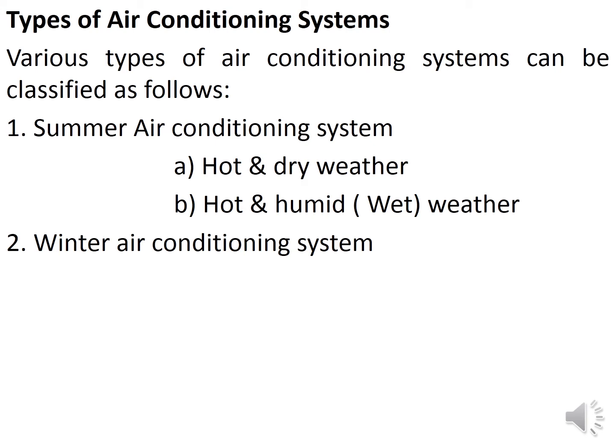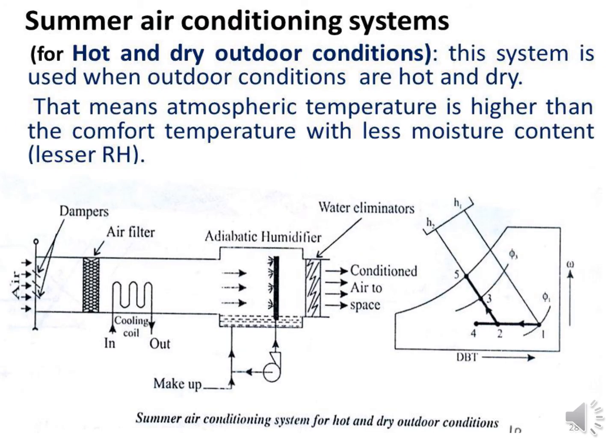So one by one, just see this schematic diagram here. This is the summer air conditioning system for hot and dry outdoor conditions, right? Here you should understand what hot and dry outdoor conditions mean.